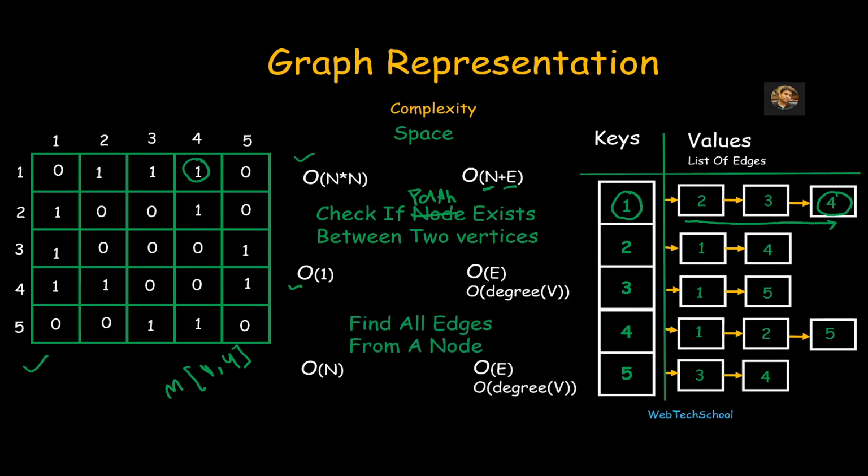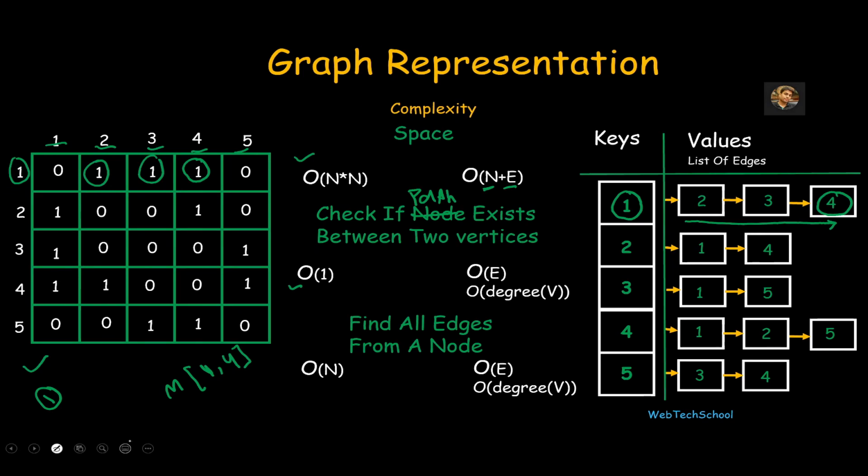Next operation is to find all edges from a node, or from a single vertex. From a single vertex, let's say from vertex 1, we need to find out all its adjacent vertices. In the adjacency matrix approach, we can go to row 1, iterate over all these locations, and return the values which have 1 in them.